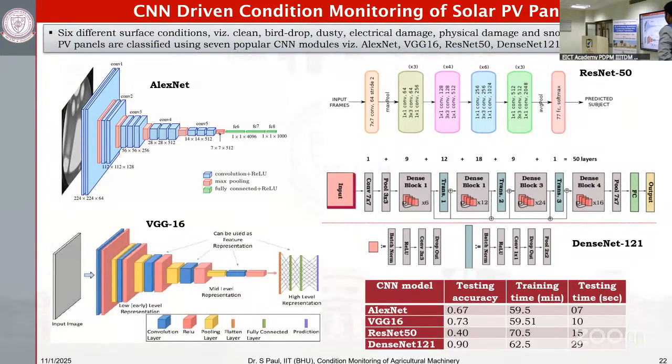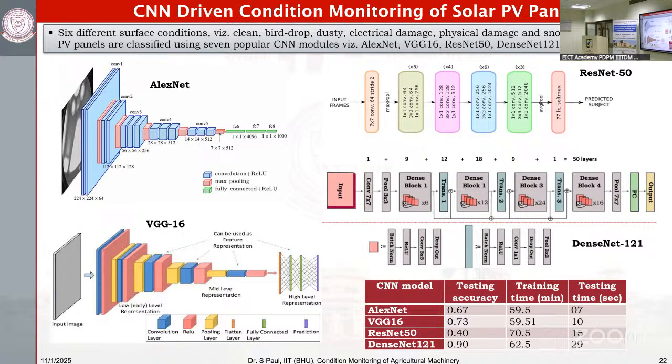So we have tested it on already existing CNN models, quite established ones: AlexNet, ResNet 50, VGG16, and DenseNet 121. These are already established for other purposes, but we used them and this is your overall accuracy.